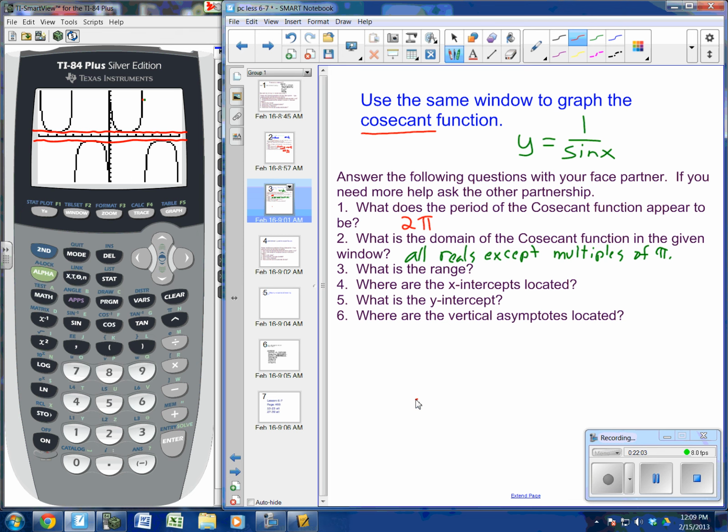There's no part of the graph that exists between -1 and 1. So we would say that the range is all reals greater than 1 and all reals less than -1. Instead of putting all reals there, you just say y is greater than 1 and y is less than -1. It is a compound inequality.